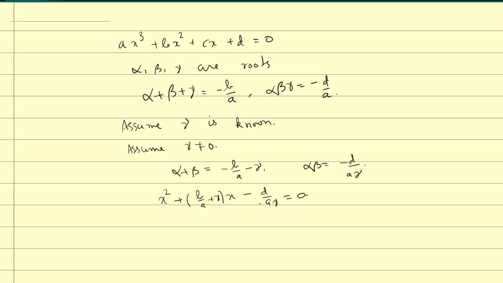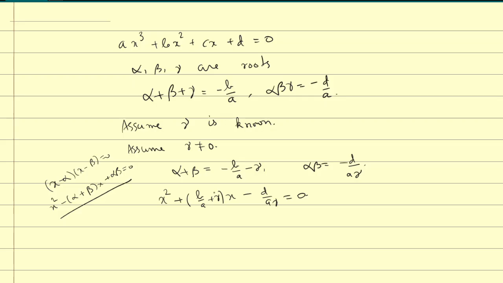This is the equation that we have to solve to get alpha and beta, because whenever we have alpha, beta as the roots of a quadratic equation, that quadratic equation will become (x minus alpha)(x minus beta) equal to 0, or in other words, x square minus (alpha plus beta) times x plus alpha beta equal to 0.